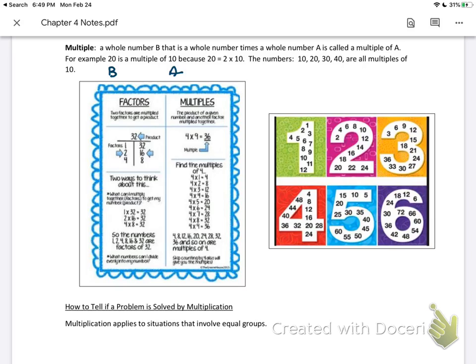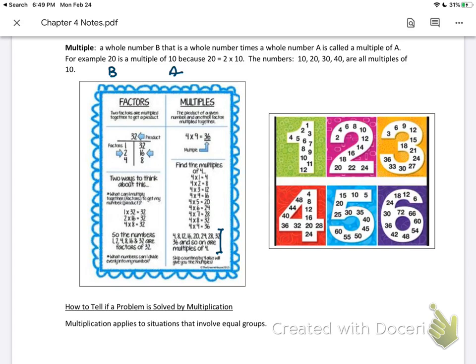So 36 is the multiple and 4 and 6 are the factors. To find the multiples of 4, you would multiply 4 times 1, 4 times 2, 4 times 3, etc. So here is a list of multiples. Multiples are bigger. Okay, you multiply to make things bigger.